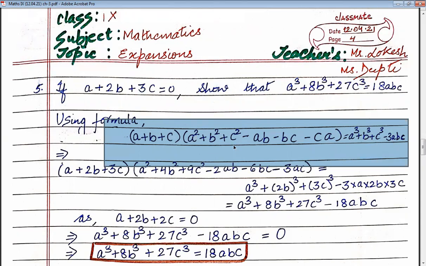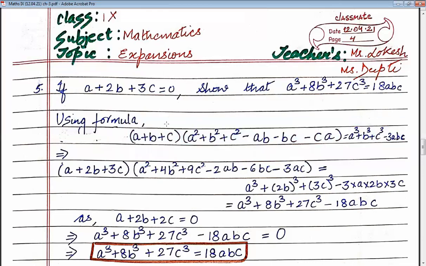Now, children, this is the identity, and you know that here, if I take this as a only, and instead of b, it's 2b, and instead of c, it is 3c.